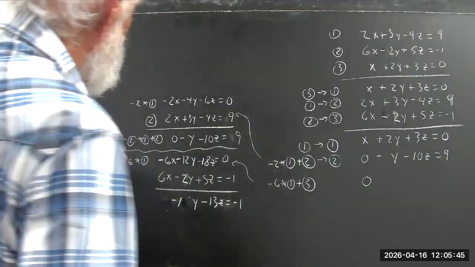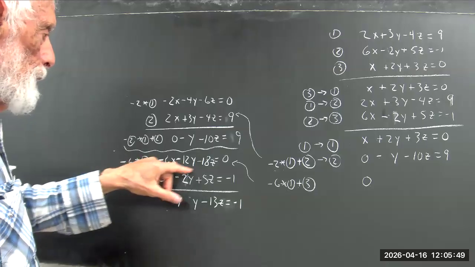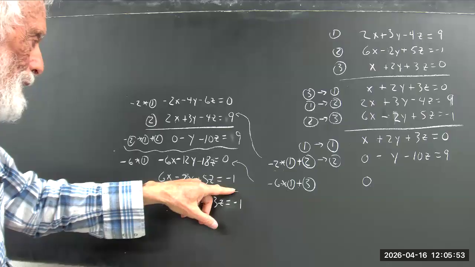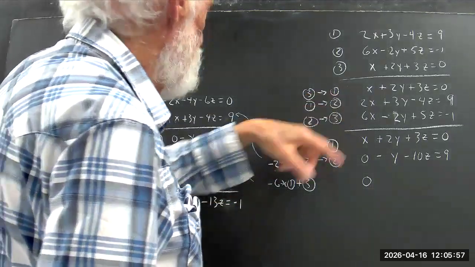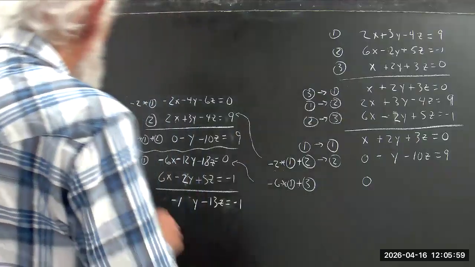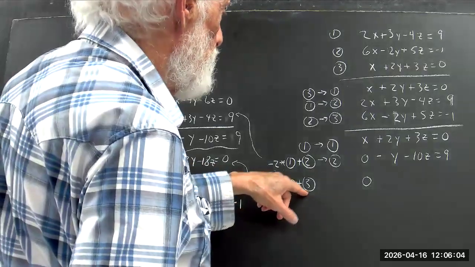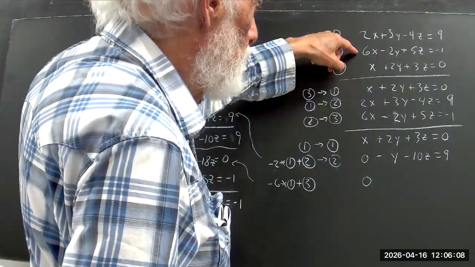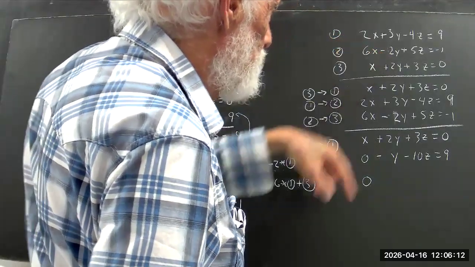Okay, now, still doing the same step because my negative 6 times equation 1 was correct. My equation 3 here was copied from my equation 2 before, which had a 7 where I should have had a negative 2.